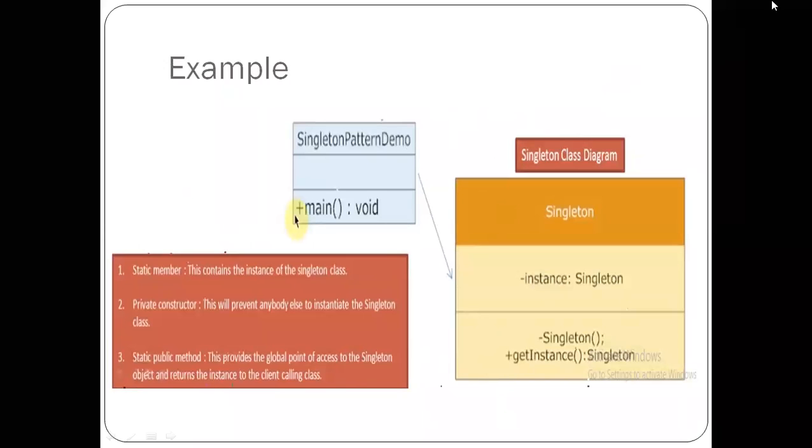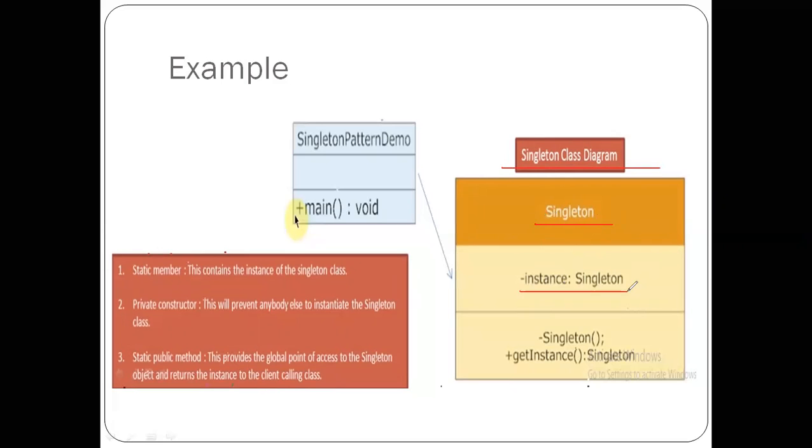Here we have an example for the singleton pattern. This is a singleton class diagram. The class name is Singleton, and the instance name is also singleton.